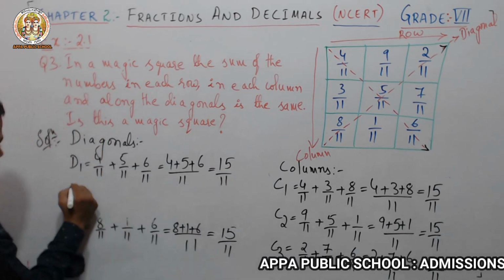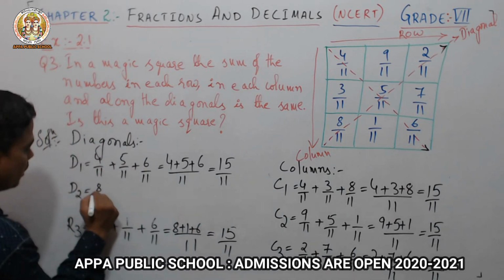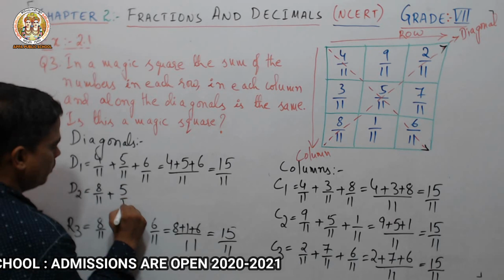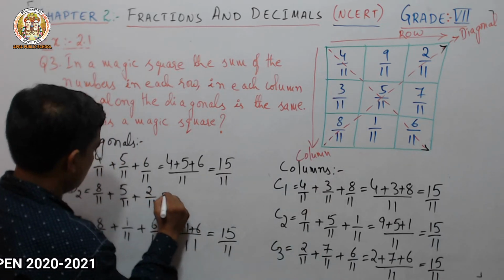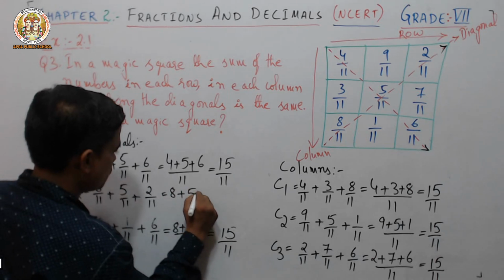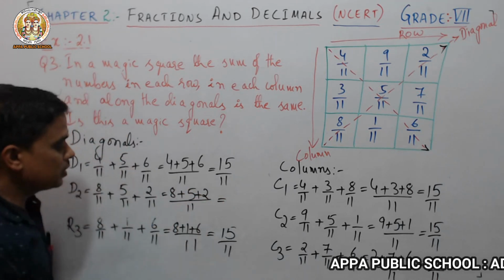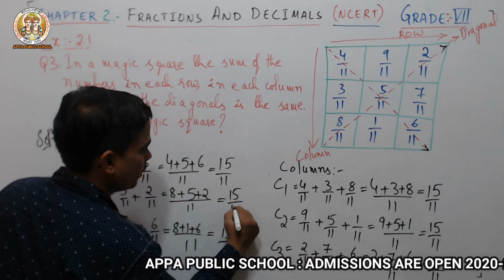Now the second diagonal: 8 by 11 plus 5 by 11 plus 2 by 11. That is 8 plus 5 plus 2 divided by 11. 8 plus 5 is 13, 13 plus 2 is 15 by 11.